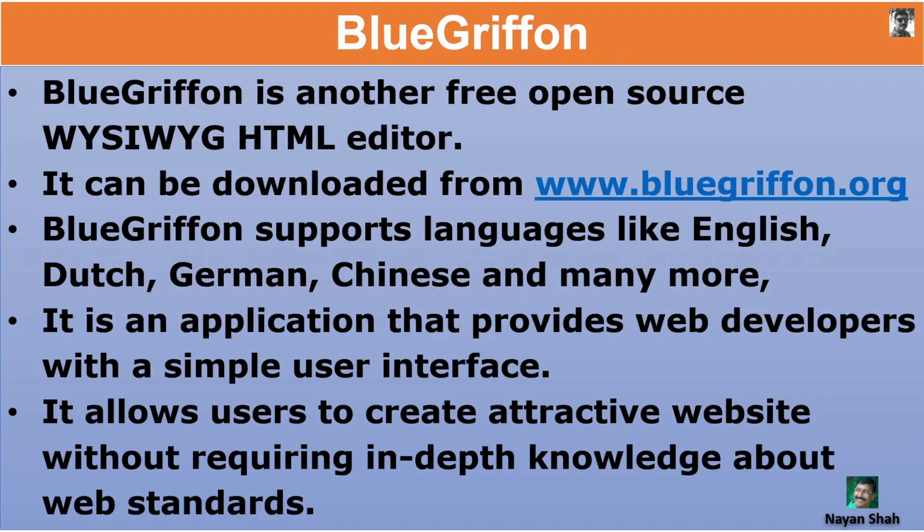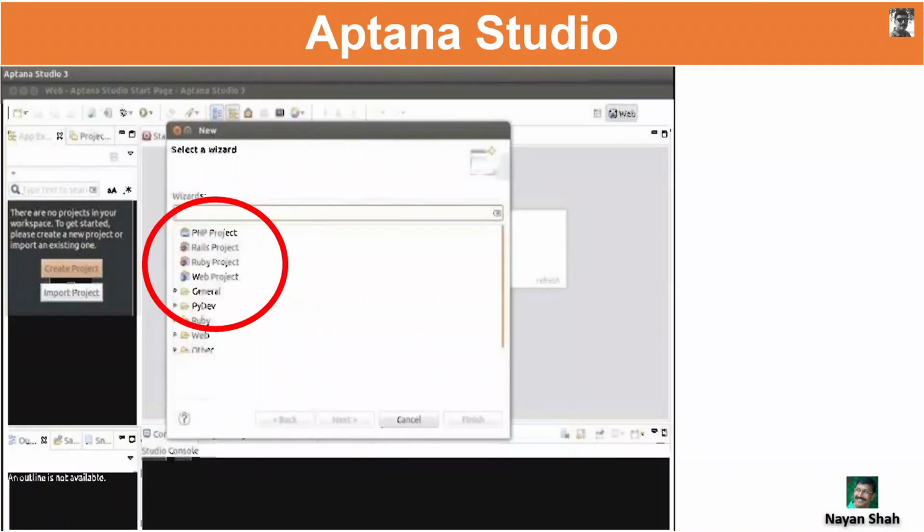Next is Blue Griffon. Blue Griffon is also another free open source WYSIWYG HTML editor. What you see is what you get, kind of HTML editor, almost like KompoZer. You can download Blue Griffon from the website www.bluegriffon.org. Just remember the difference.